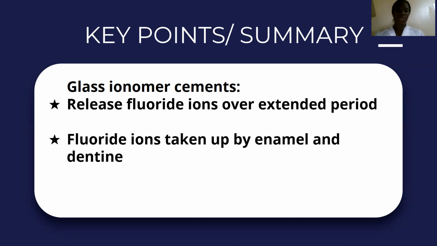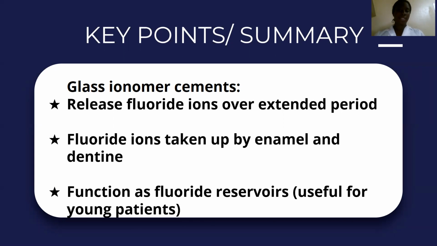So with fluoride ions being taken up by enamel and dentine, this would render the tooth structure less vulnerable to acid attack, as the solubility of tooth structure will be reduced, as well as bacterial action disrupted, and thus acid production that would result from bacterial action would stop. The glass ionomer cements also function as fluoride reservoirs, right? So they take up the fluoride ions from dentifrices as well as mouthwashes and so forth, and store them over a period of time and release them slowly.